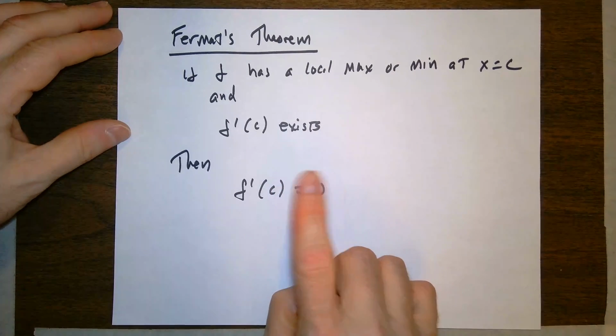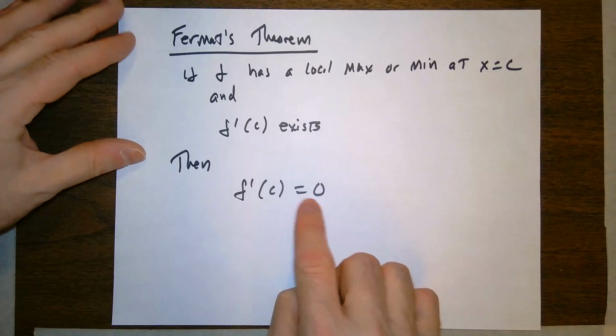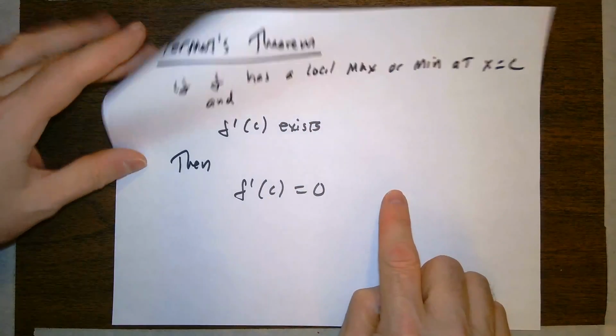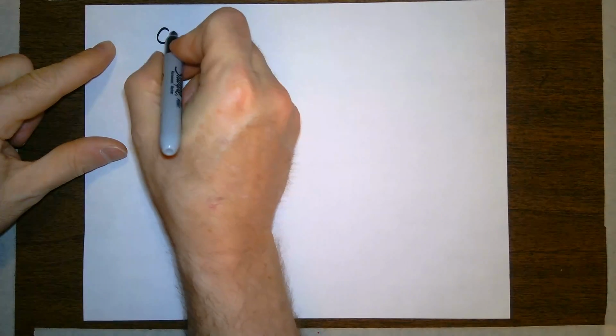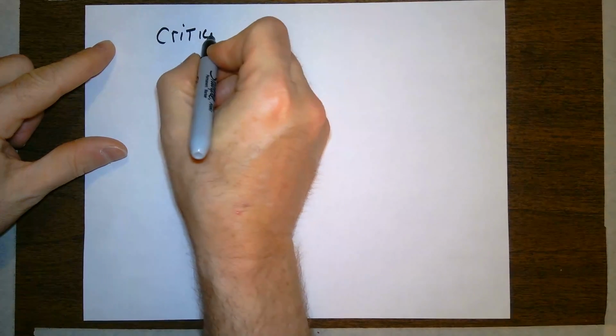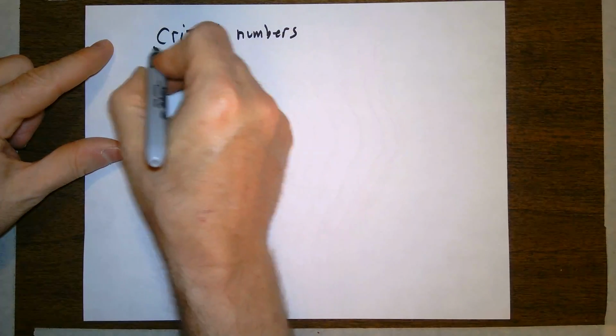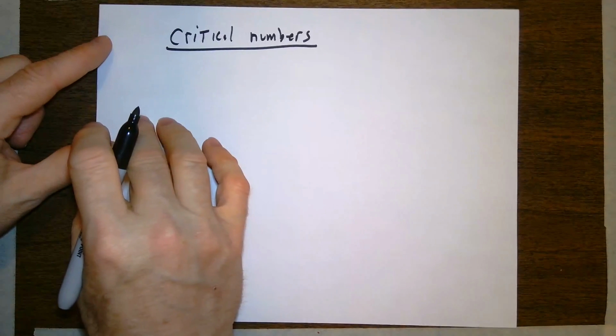When we look at these, there's another definition that I want to talk about, another word that I want to throw at us and use. We'll often talk in terms of things called critical numbers or critical values.